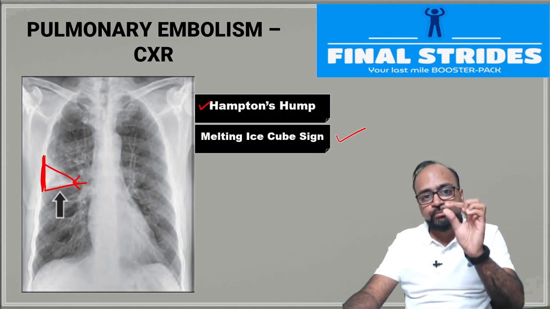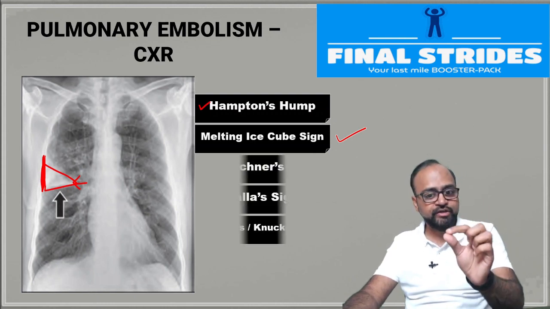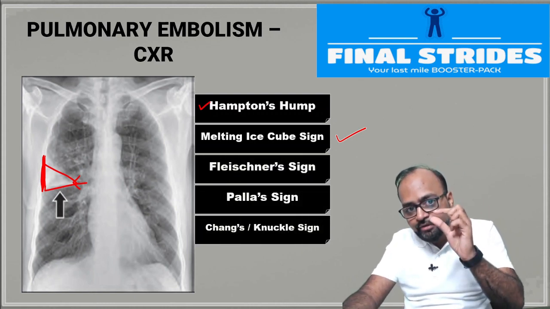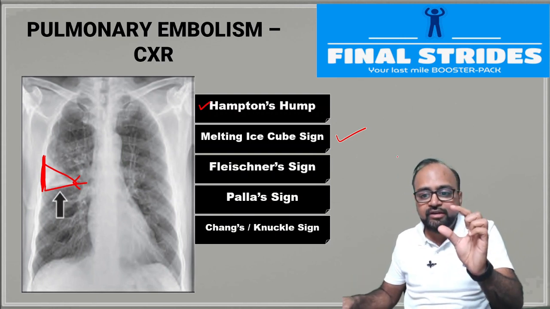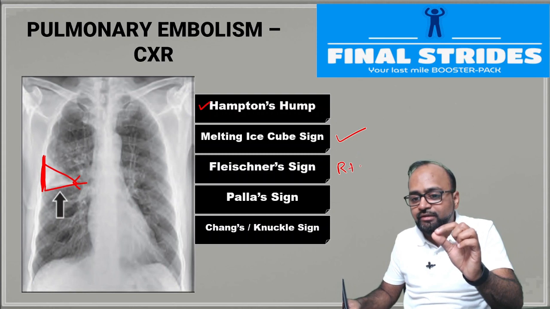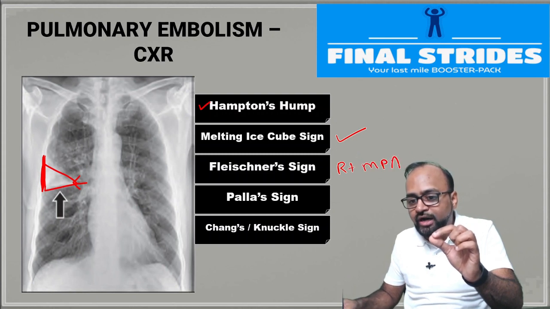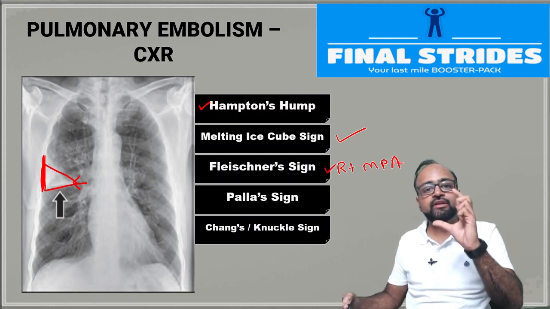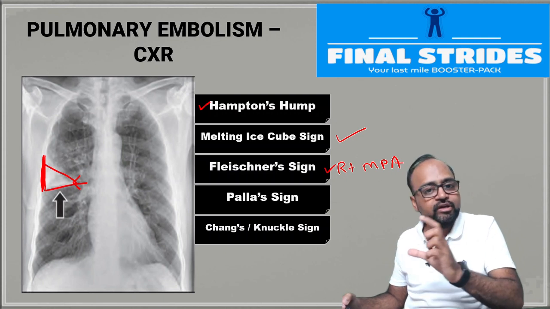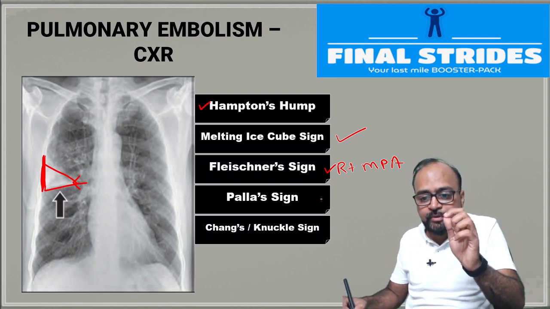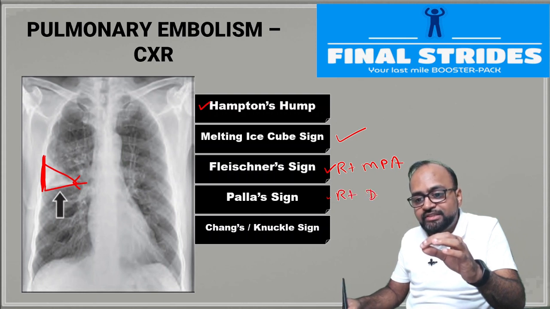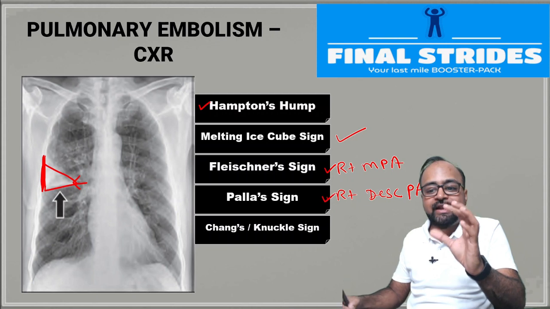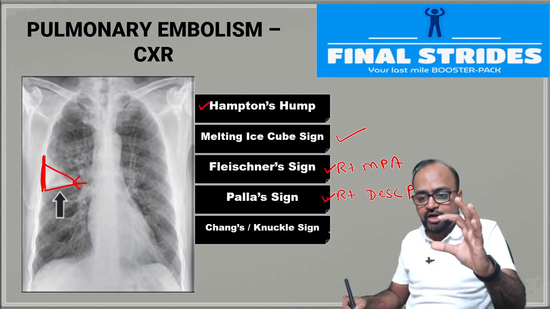Because there is a sudden block of a blood vessel or an artery, there is a sudden abrupt cutoff and prominence of a pulmonary vessel, that is usually the right main pulmonary artery. It is called Fleischner sign. Prominent right main pulmonary artery is called Fleischner sign. Similarly, prominence and abrupt cutoff of the right descending branch of the pulmonary artery is called Palla's sign.